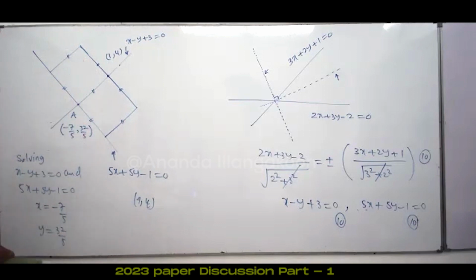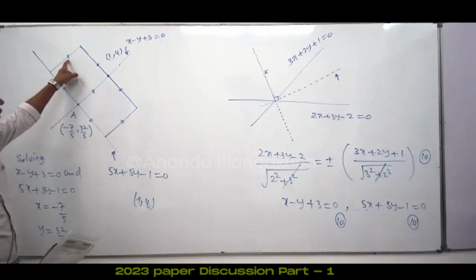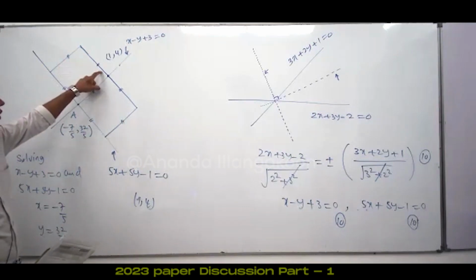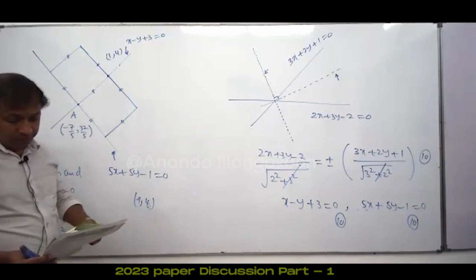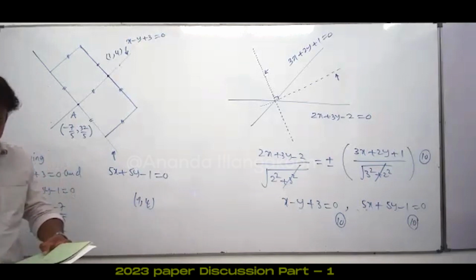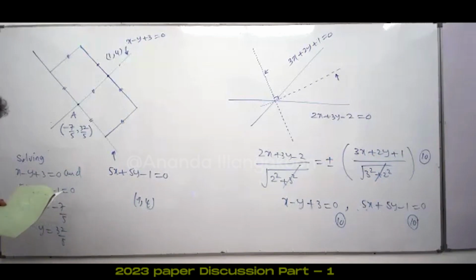Okay. Now we have to find what? Equation of this side, and this side. Three equations we have to find. Right. How to find the equations? Right. Finding this point A, given 10 marks. This way, right?